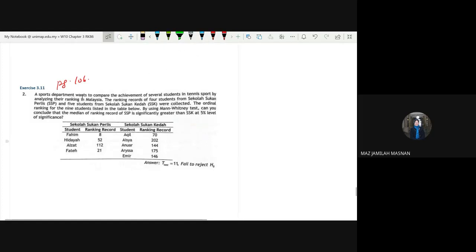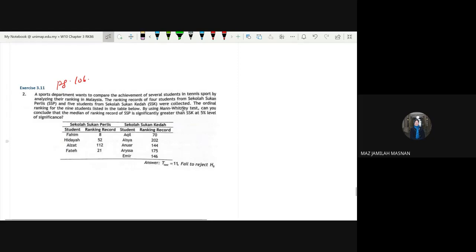A sport department wants to compare the achievement of several students in tennis by analyzing their ranking in Indonesia. The ranking records of 4 students from Sekolah Sukan Perlis (SSP) and 5 students from Sekolah Sukan Kedah (SSK) were collected. The original ranking for the 9 students is listed in the table below.